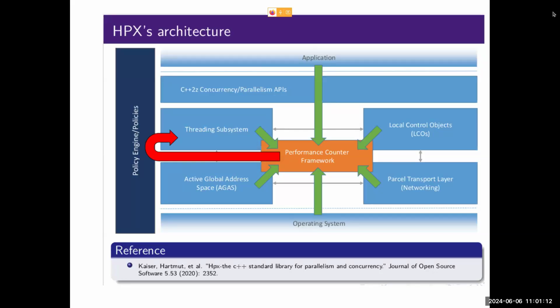There are several built-in counters that you can use to measure things like the idle rate of each core, each system thread. And you can also write your own performance counters.